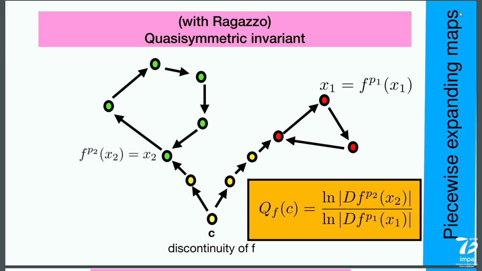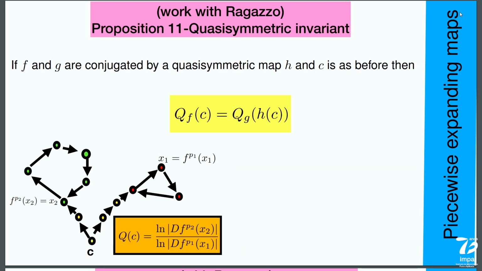Okay? So the Lyapunov exponents of these two orbits can be completely different. Okay? And it turns out that this quotient of the Lyapunov exponents is a quasi-symmetric invariant. It's really easy to prove that. I didn't find this in the literature, so I give you the statement here.